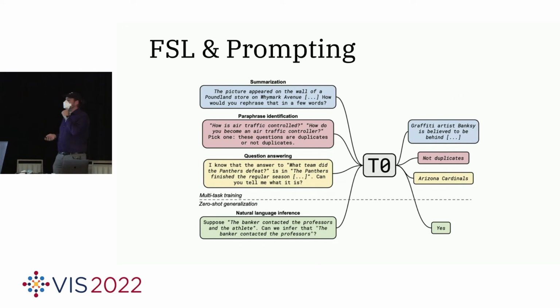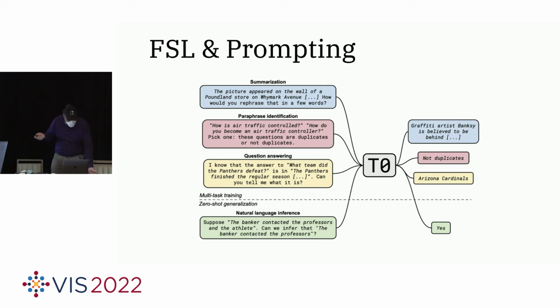Now imagine you have a large language model and you start training it on standard natural language tasks like summarization, paraphrase identification, question answering, and so on. And you do it in a way that you encode the formulation of the task itself in the training data.